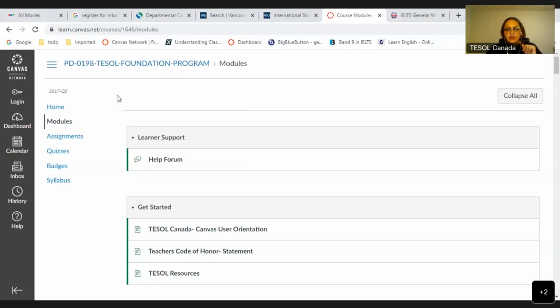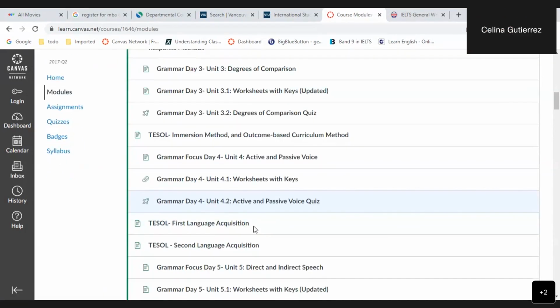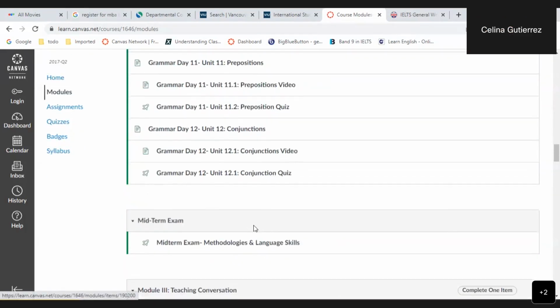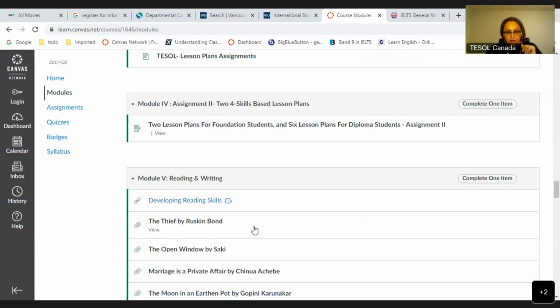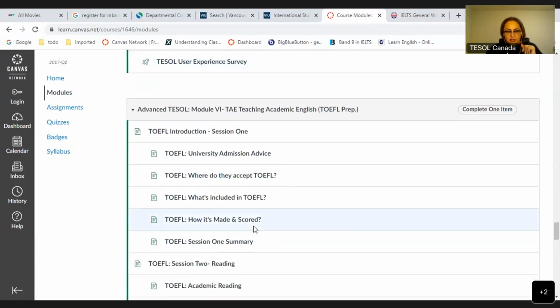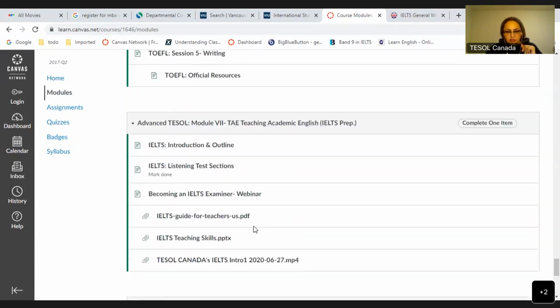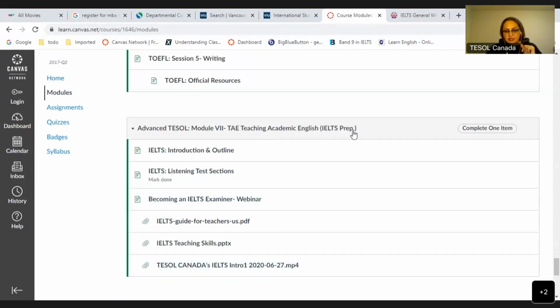Yes. Oh, okay. Here on Canvas, go to modules, then come down after midterm, then grammar lessons, reading and writing, TOEFL, and then here is IELTS. See?